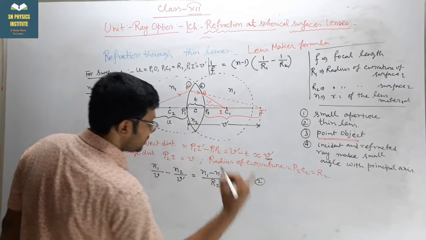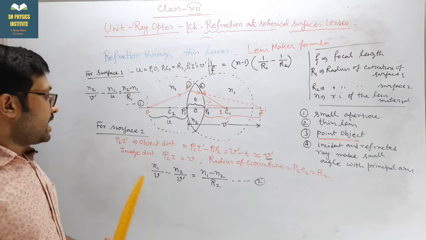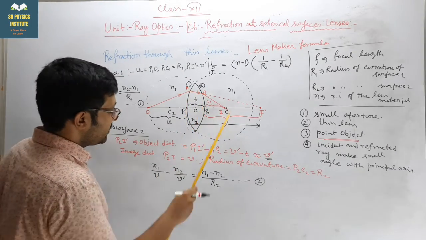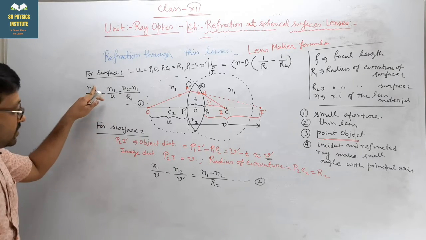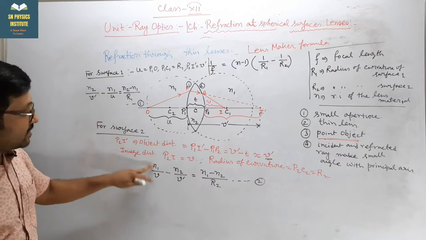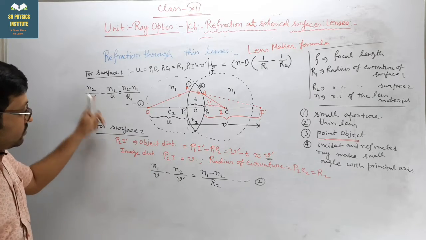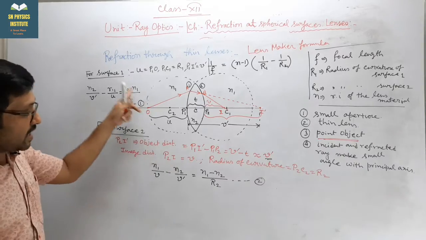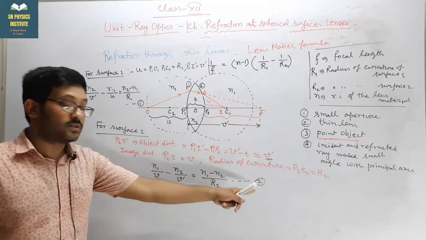You can put this as equation number 2. As the rays are traveling from denser to rarer medium, just interchange the refractive indices. In place of n2 write n1, in place of n1 write n2, and the equation becomes this.